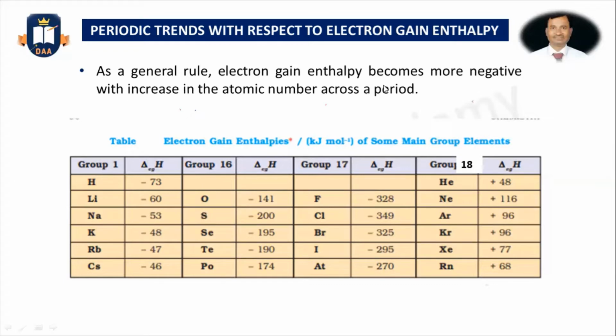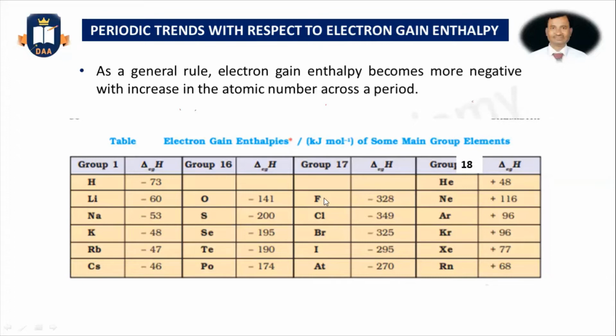Electron gain enthalpy becomes more negative with increase in the atomic number across the period. If you consider the second period, lithium, beryllium, boron, then group 16 oxygen, group 17 fluorine.